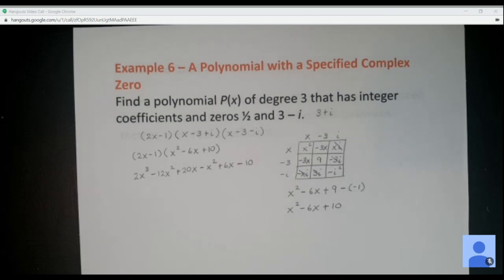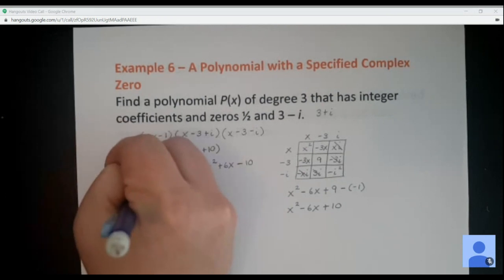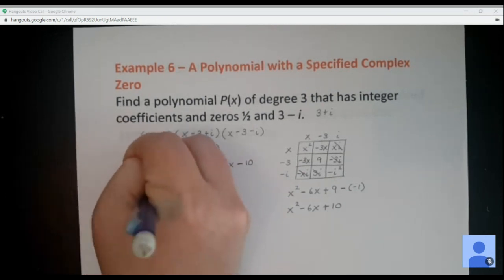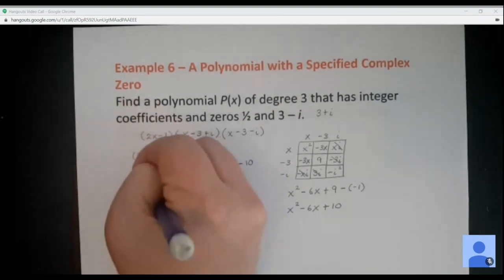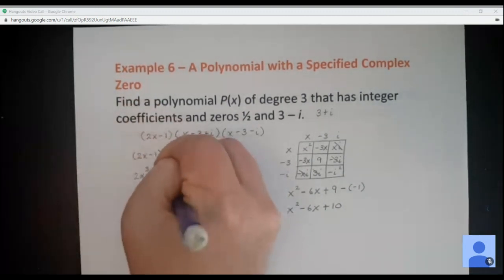All right, so now the last step, we're just going to combine like terms here. I don't have any other x cubed terms, so we keep our 2x cubed. I've got a negative 12x squared and a negative x squared here, so what should that give us? Good, so minus 13x squared.